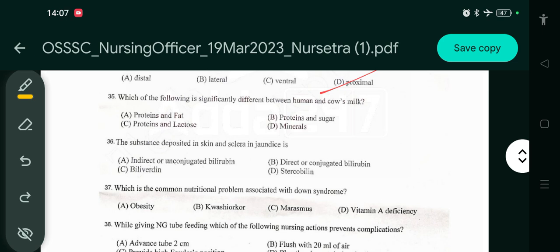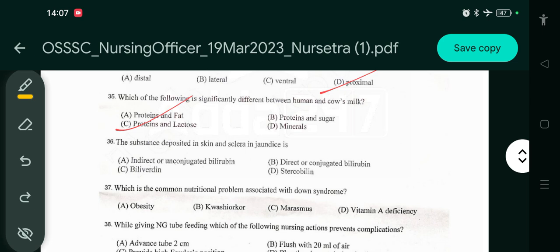The correct option will be C, protein and lactose, because human milk has less protein and more lactose, so we can differentiate with option C only.